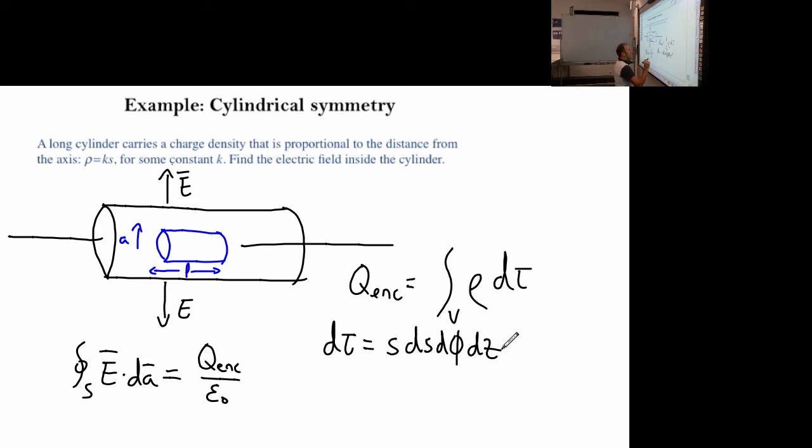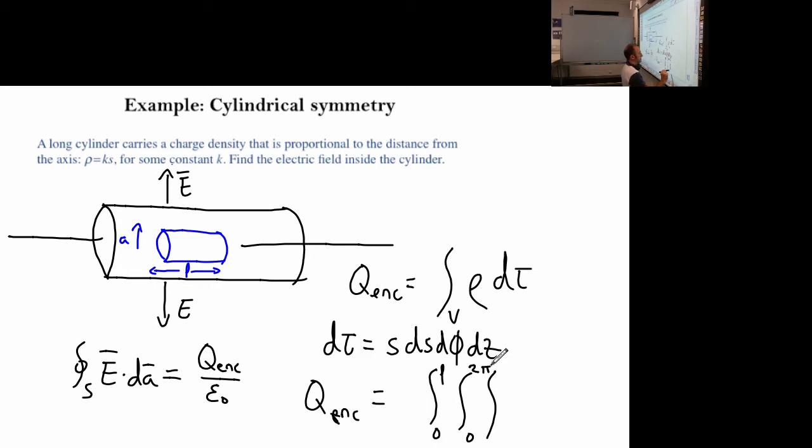So the total charge enclosed will be equal to a triple integral. For z, it's between 0 and L. For phi, it's between 0 and 2 pi.